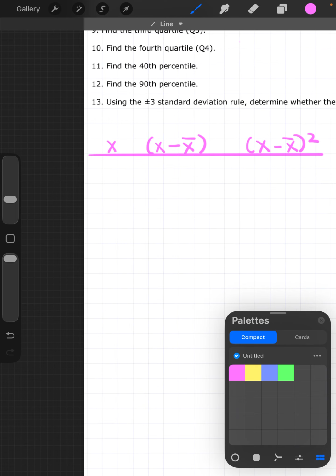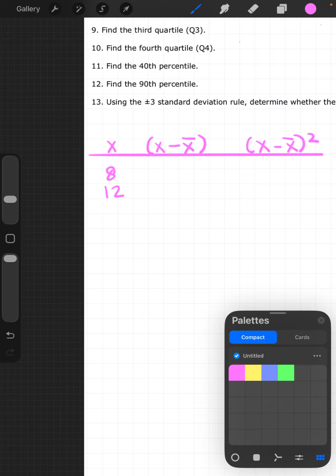So I have 8, 12, 15, 15, 18, 20, 22, and 25.